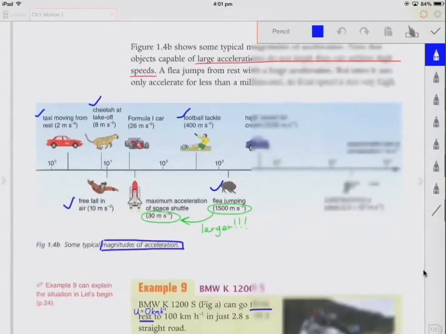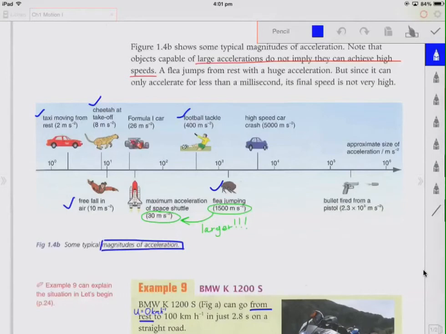Last but not least, underline, sometimes even our own acceleration can be very large, even larger than a space shuttle. But it doesn't mean we can achieve a high speed. Why?